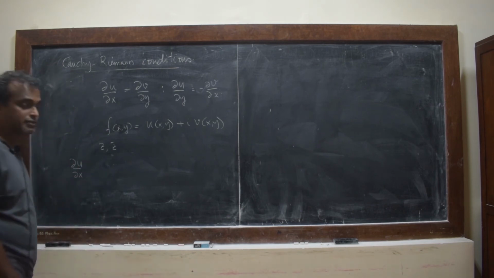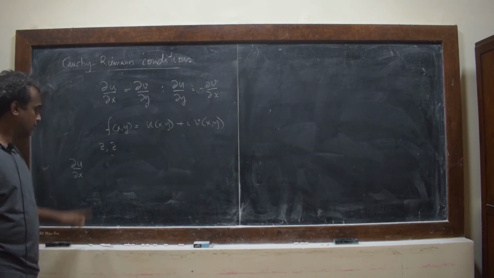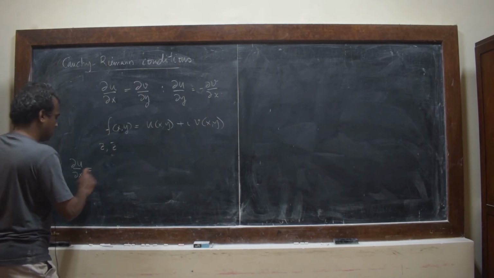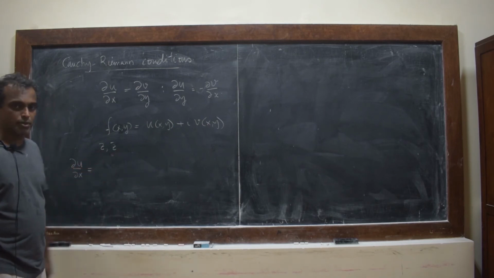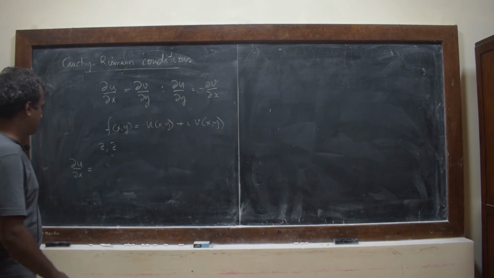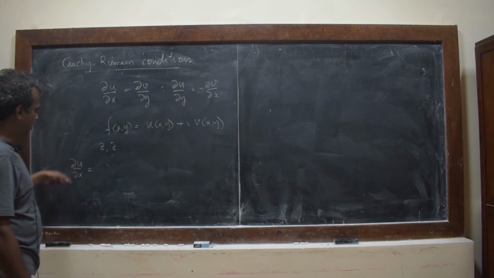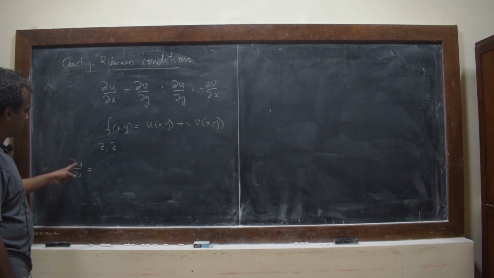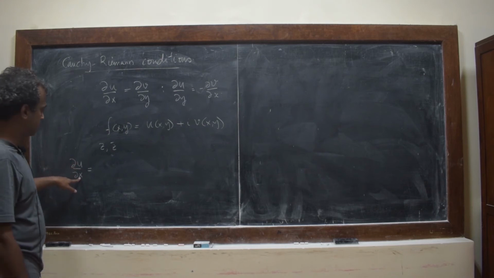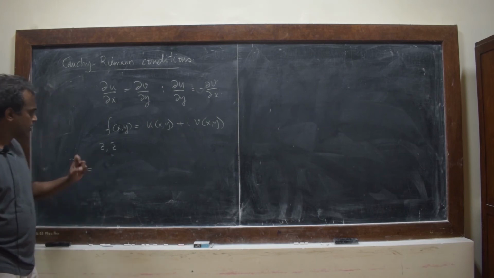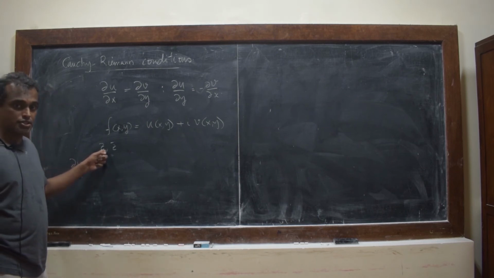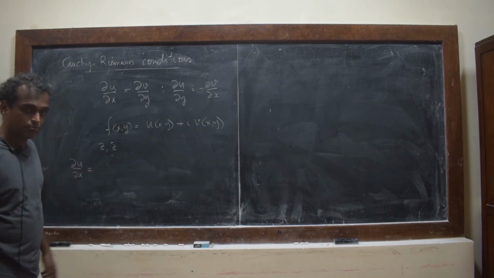To do that, let us write each of these derivatives first, starting with the derivative del u by del x in coordinates z and z bar. That is done by observing that a partial derivative with respect to x involves a change in z as well as a change in z bar.